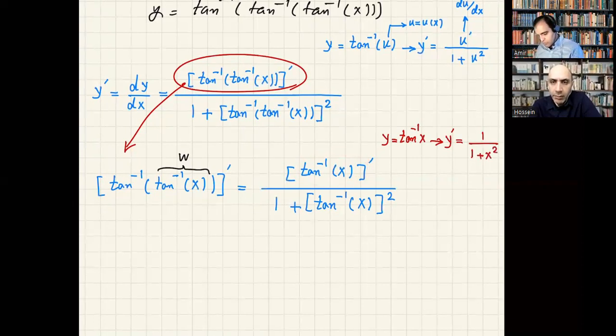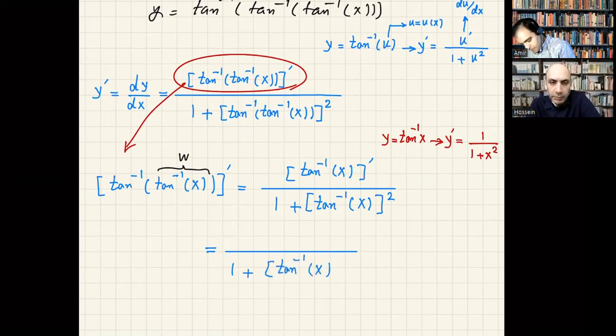Given this, I can substitute the numerator into that expression. Let me first write the denominator, 1 plus arctangent of x squared, and for the numerator I have 1 divided by 1 plus x squared.